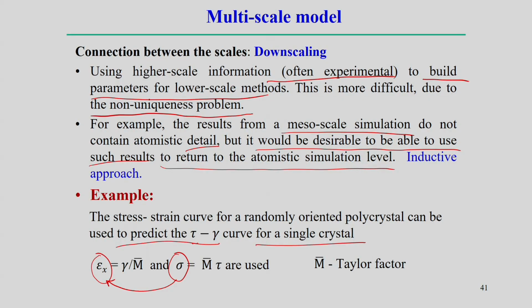For a single crystal structure, the variables shear stress and shear strain are more important, because slip normally happens due to the application of shear stress, and critical shear stress may be responsible there.